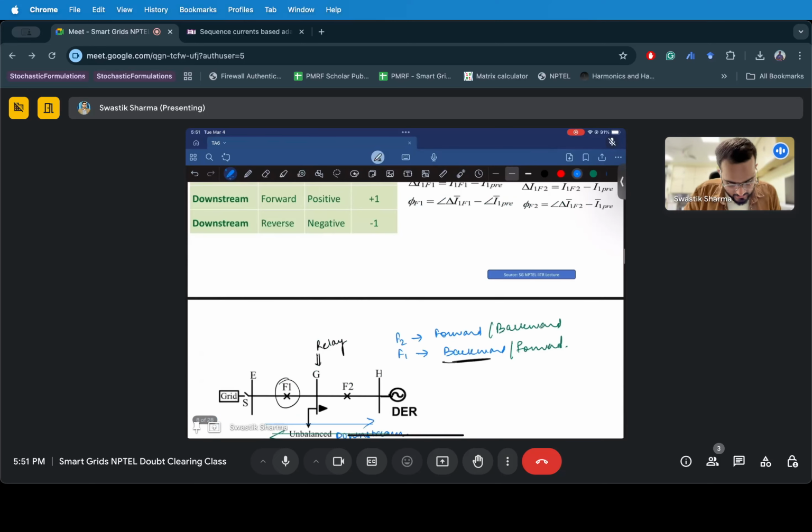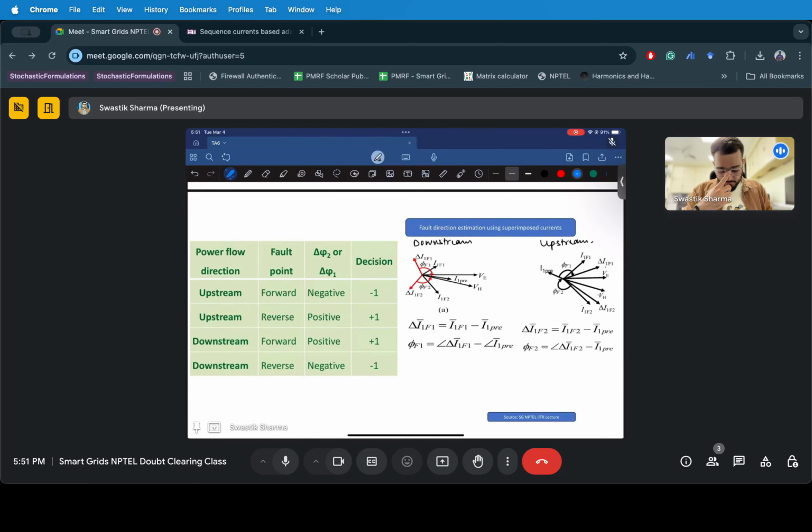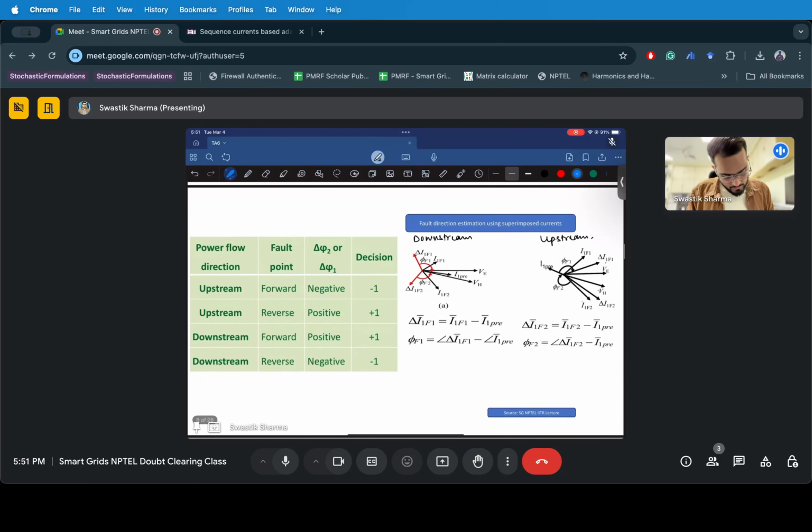Right? Just let me think here. If my delta IF1 I'm taking with respect to pre, and based on that I'm calculating the previous, and here the direction is different.